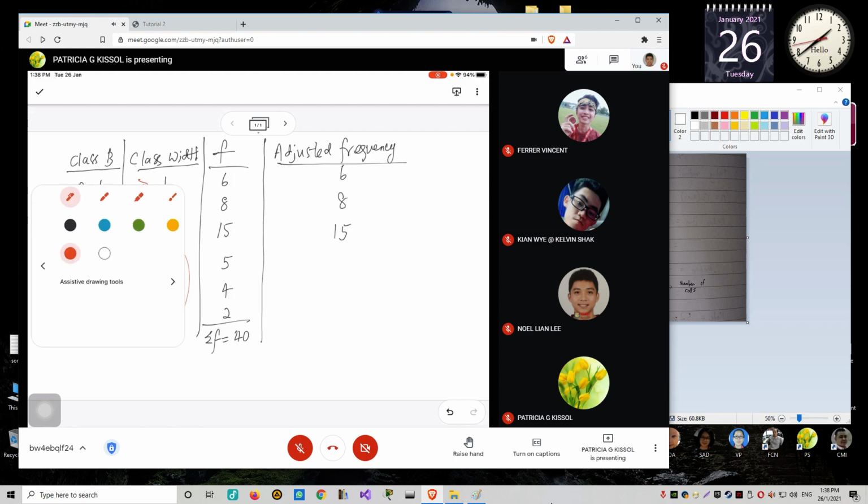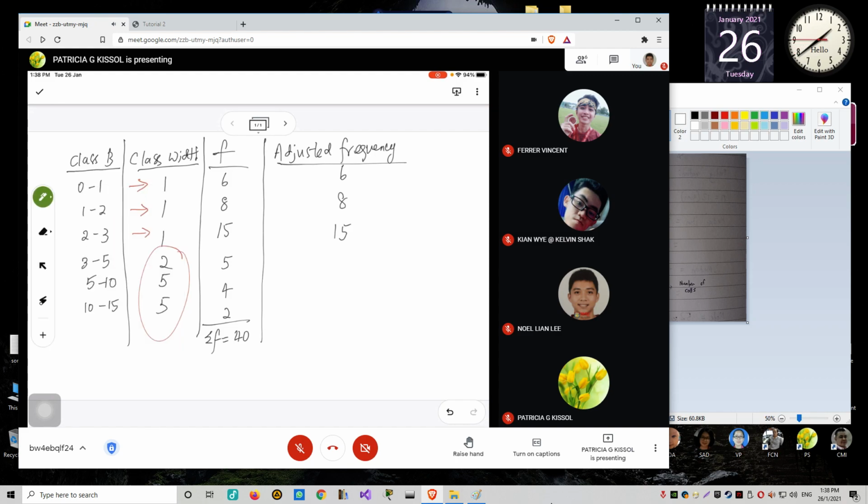But when we reach the ones with the bigger size, we take the common class size, 1, times 5, the frequency, and divide by 2. Same thing here, 1 times 4 divided by 5.